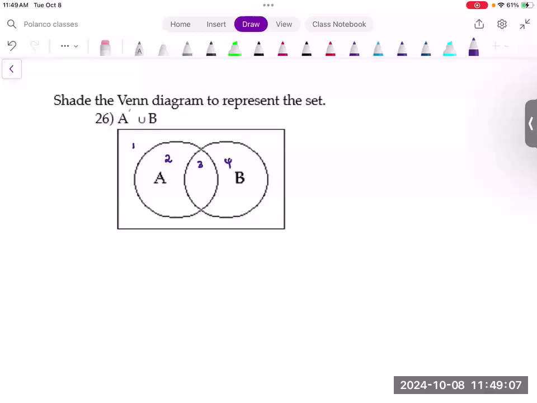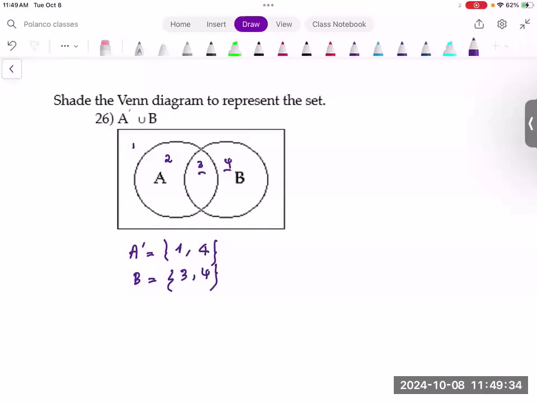So this is 1, 2, 3, 4. Every part is a number. All right. And then I'm going to list A prime. So what would be A prime? The set of A prime is outside of the A. So the 1 and the 4 only, right? And then I'm going to list the B. What is the B? The B is only 3 and 4, right? We good?